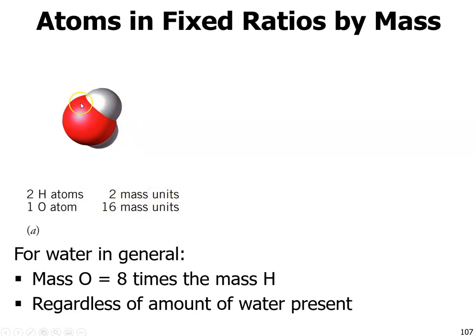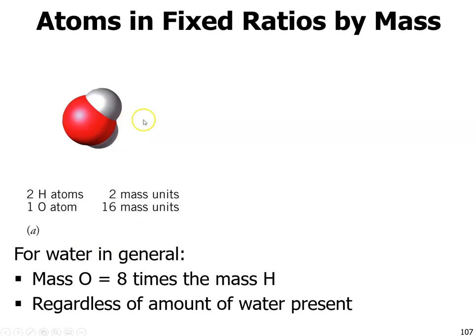For the oxygen, there are actually 16 mass units. Remember, when we're talking about mass units, the things in the atom that weigh a significant amount are the protons and the neutrons. So we're really talking about protons and neutrons that make this up.